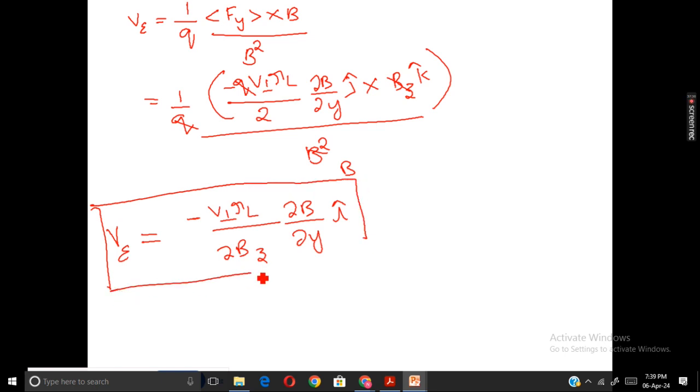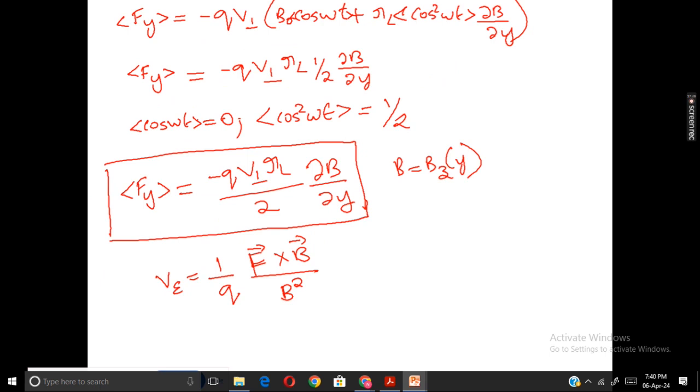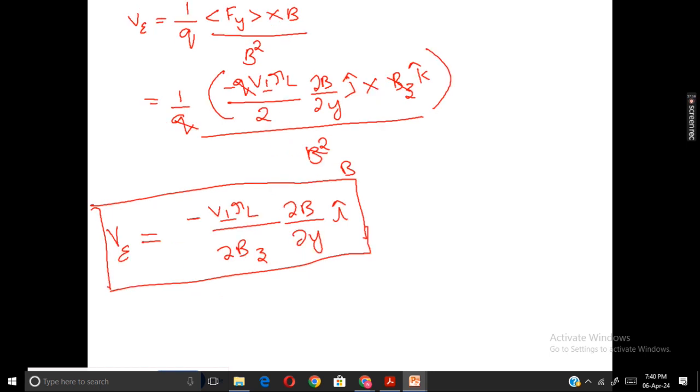So what we were discussing is how the force behaves in the presence of an inhomogeneous magnetic field. We considered that the magnetic field is acting along the z direction and the gradient of the magnetic field is along y, and we found the force experienced by the particle, which is only acting in the y direction. That will be minus q v perpendicular RL by 2 into ∂B/∂y.